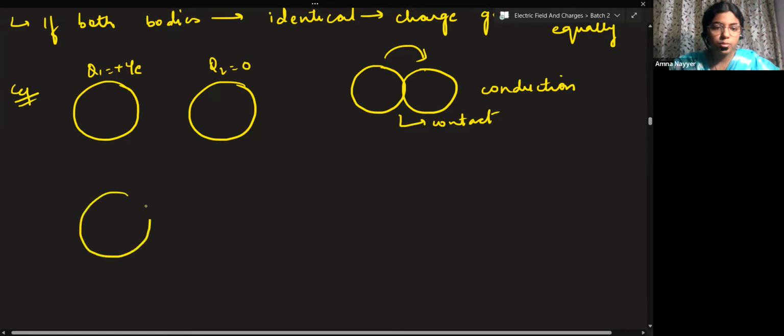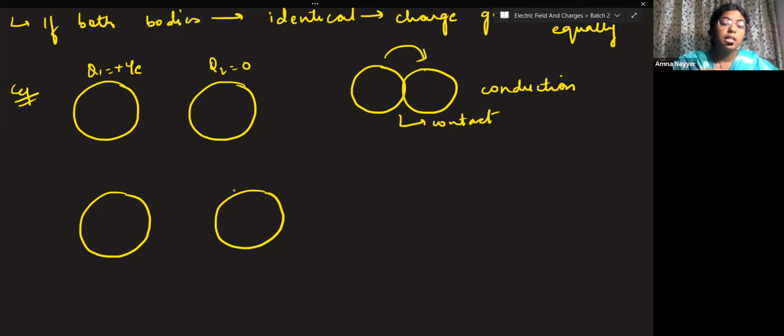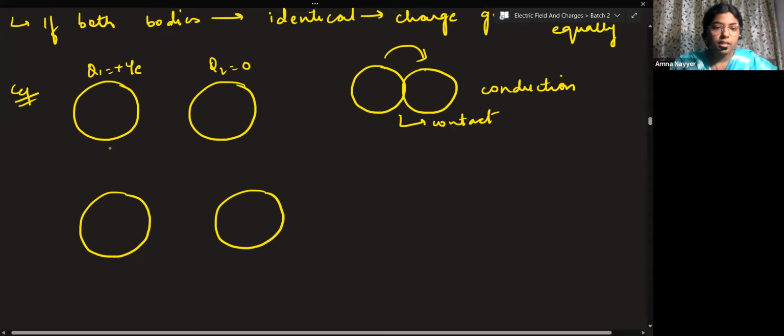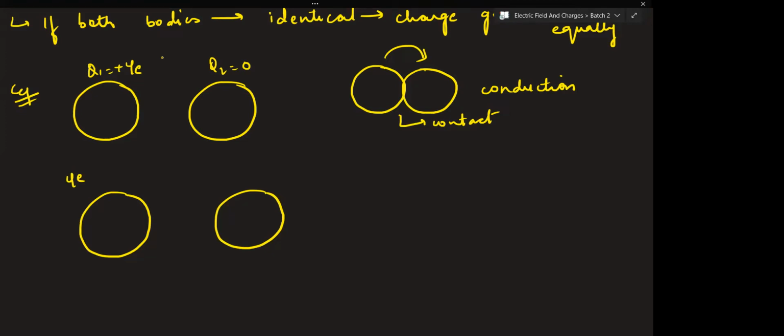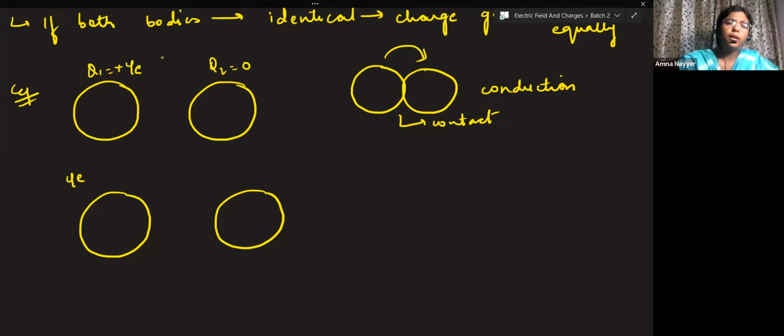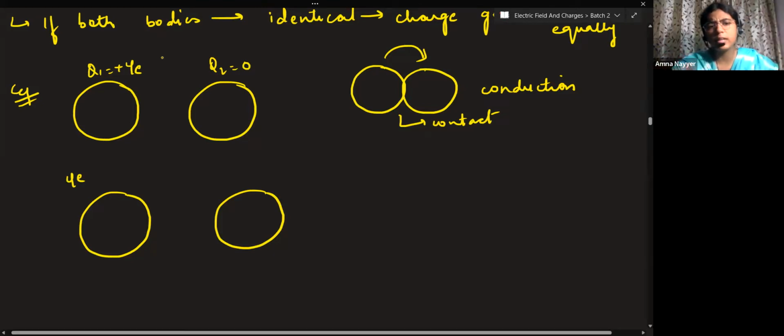Plus 4e, take out the mean value. This is dividing equally. If 4e is there and you have to divide it between two bodies, how much will each body receive? 2 electrons, correct. Since this is a very small number, you can easily calculate that 2e will be on the first sphere, 2e will be on the second sphere.